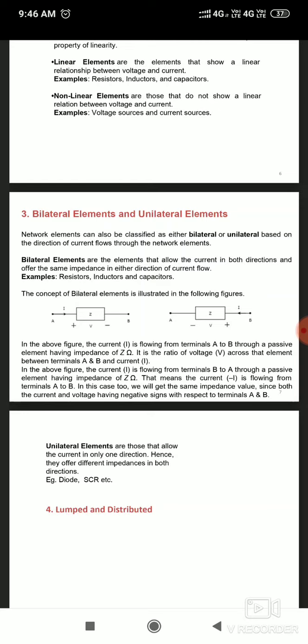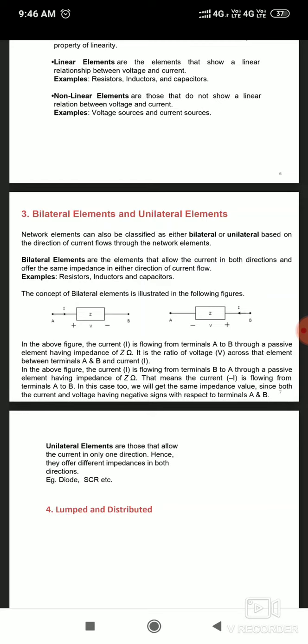So it allows the current to flow in both directions. But exactly opposite in case of unilateral elements. Example, diode will conduct when it is forward bias. Do you understand? If diode is in reverse bias, then it cannot conduct. So it allows the current to flow in forward bias condition only. So what is the meaning of forward bias?